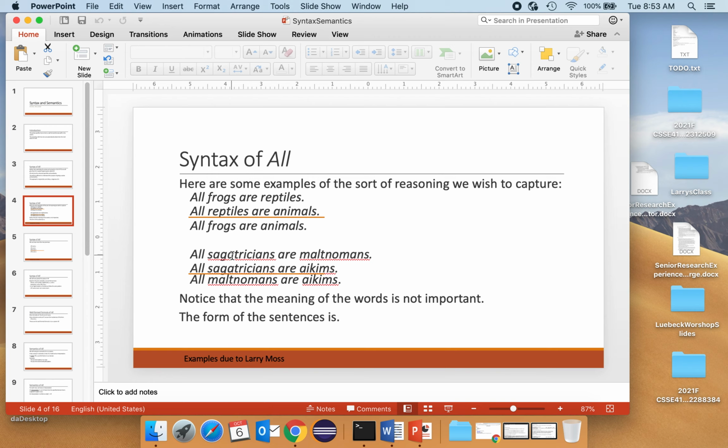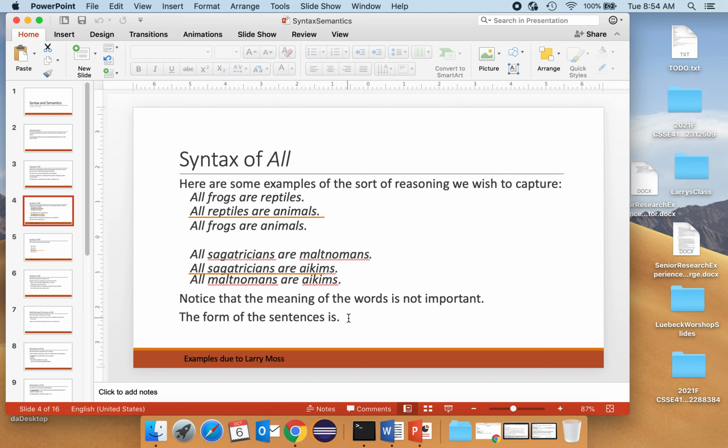All sagatricians are multinomens, and all sagatricians are achems. So can we infer that all multinomens are achems or not? Notice that the meaning of these words is not important. What is important in order to determine the syntax and semantics is the form of the sentences.